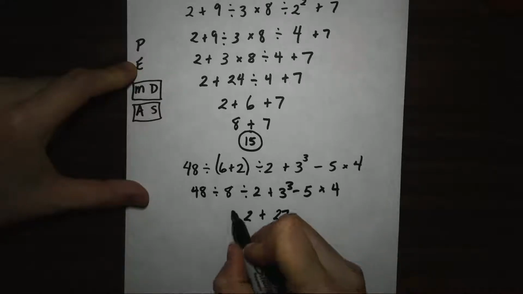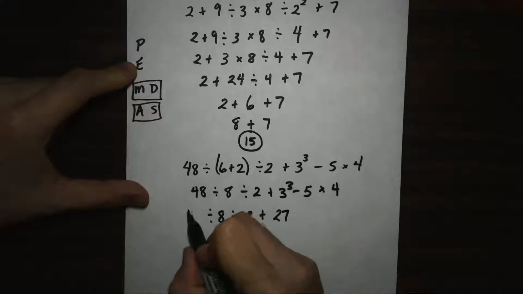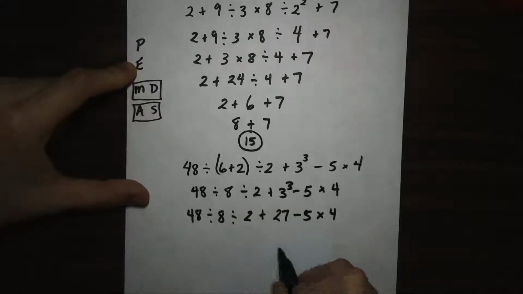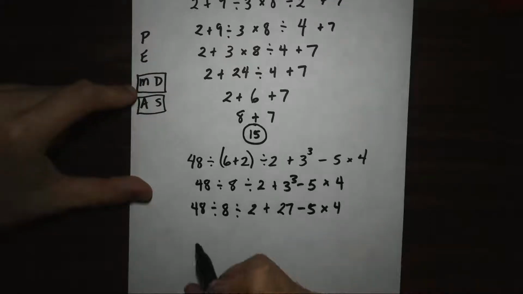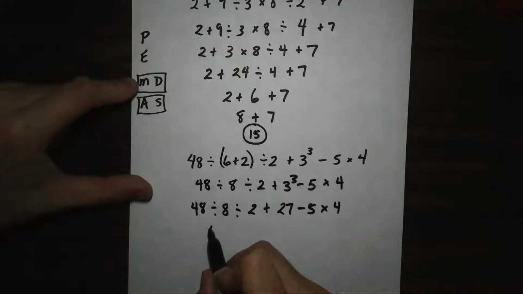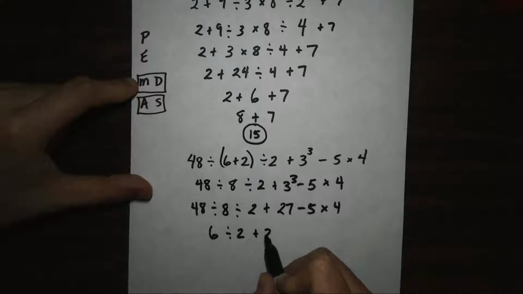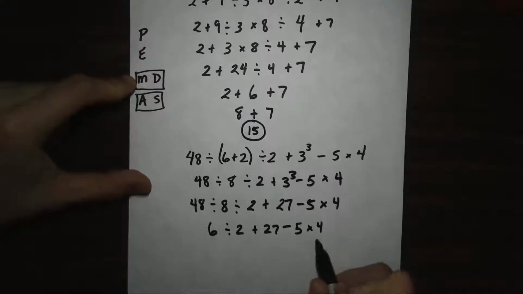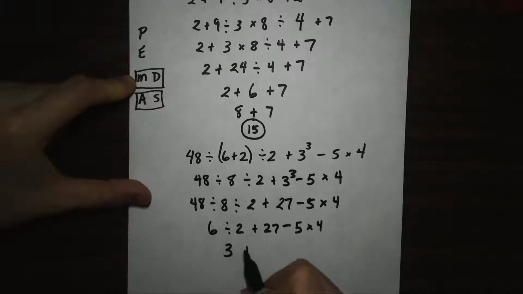And I'm going to just go and rewrite every single step here. I don't see any more exponents, so I'm going to multiplication and division. I see one right there. Rewriting everything. Looking for more multiplication and division. There's one right up front.